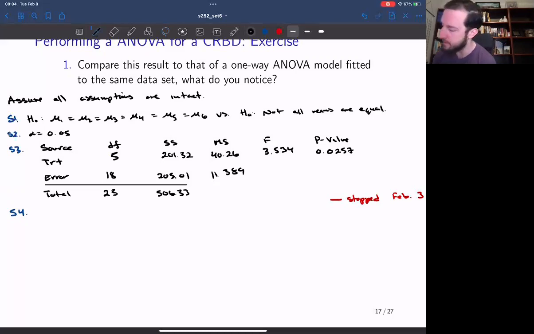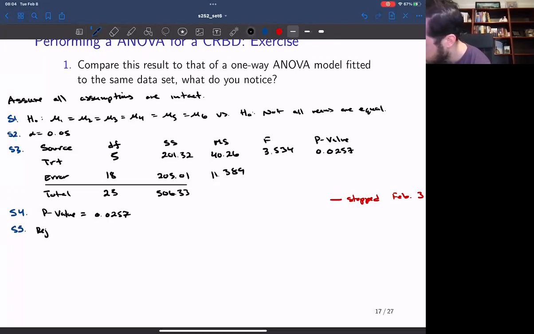So if we were to complete the test very quickly here, we would have p-value equals 0.0257. So we would reject H0.